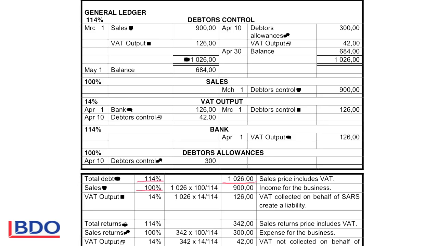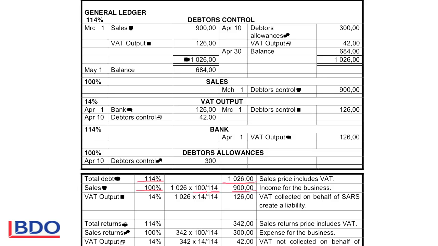So if I want to calculate what portion of this 1026 is income for the business, I take the 1026, multiply with the one that we want to find out, the 100, divide by 114, and that will give us 900 Rand.